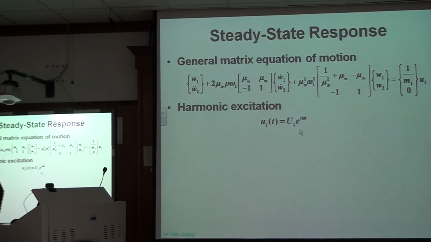Now, if you look at it, e^{iωt} means cosine ωt plus i sine ωt. That's my U1.